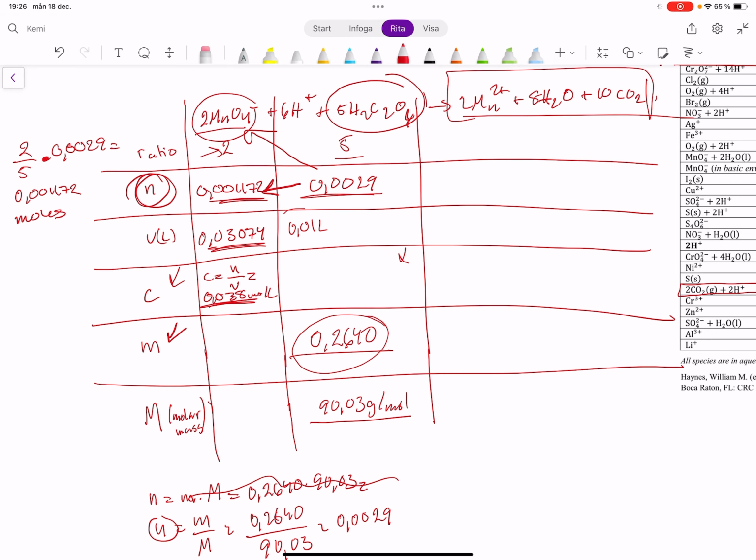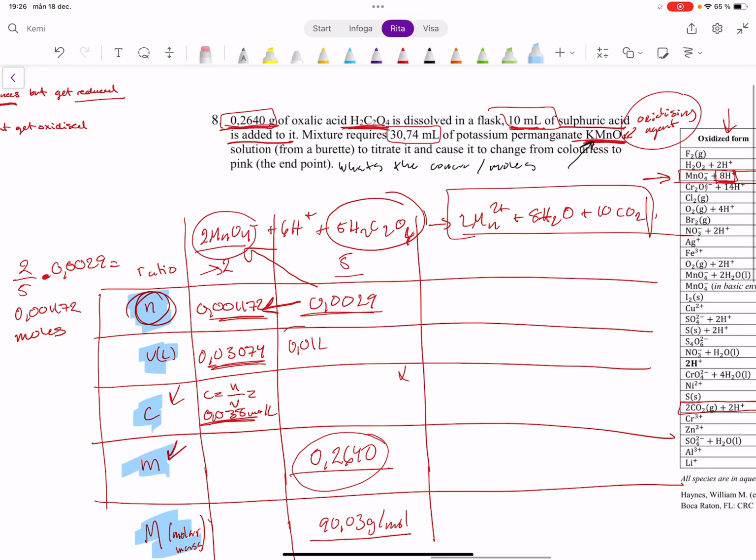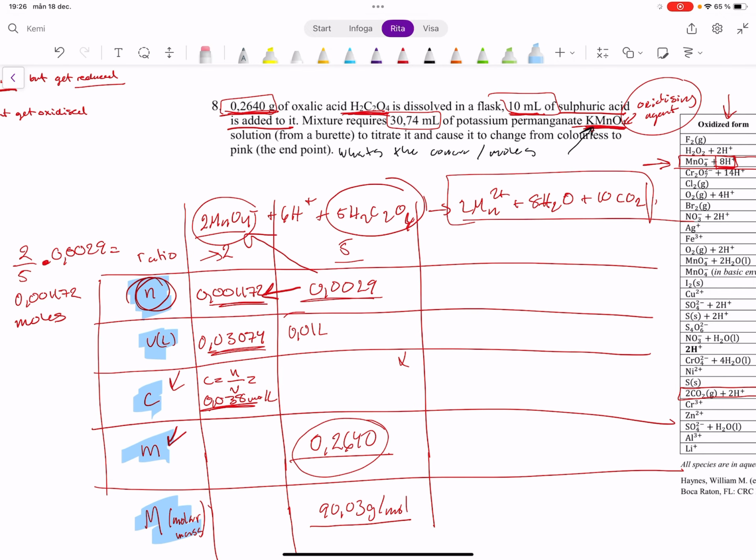But always make a table of the amount of moles, the volume, and the concentration. If they give you the mass, put the mass in. And molar mass you can always find in the data booklet. Just fill out the information that they give you.